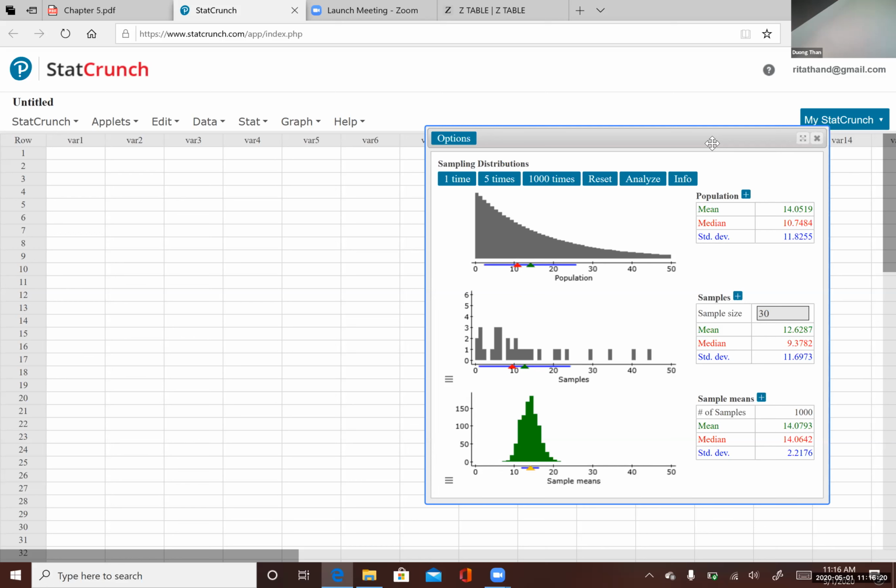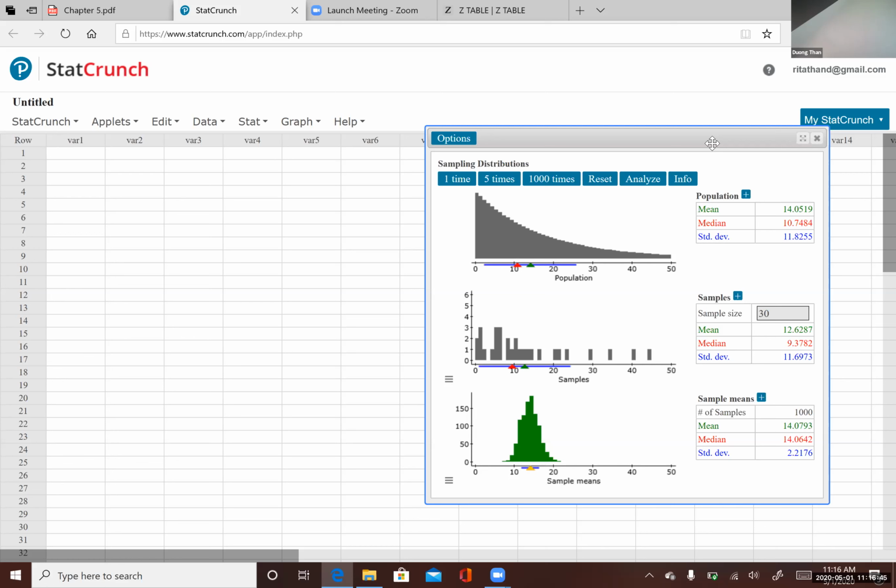And if we look at the mean of the distribution of the populations, it is still the same as the mean of the sampling distributions of the sample mean. It's around 14, right? The standard deviation of the sample means is much smaller. As you can see, the distribution of the sample means here is much skinnier.